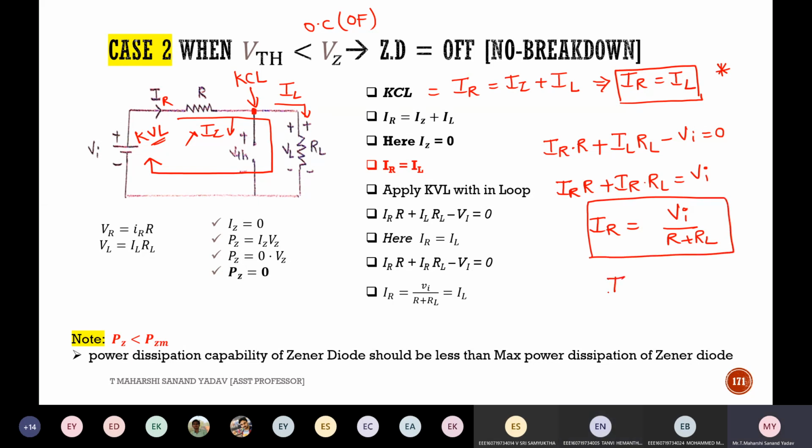At the same time, IL will also be equivalent to VI by (R plus RL). So I got IR and IL. What about IZ? IZ is 0 now, sir.